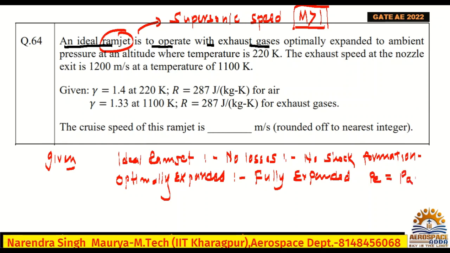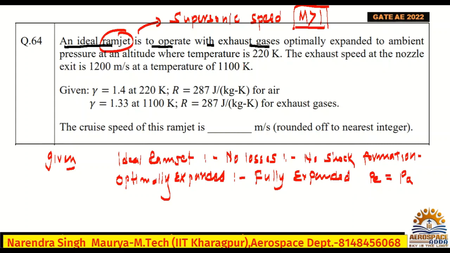That's the meaning of it. It is flying at any altitude, and at that altitude, that temperature is given. So an ideal ramjet operates with exhaust gases optimally expanded to ambient pressure at an altitude where the temperature is 220 Kelvin.